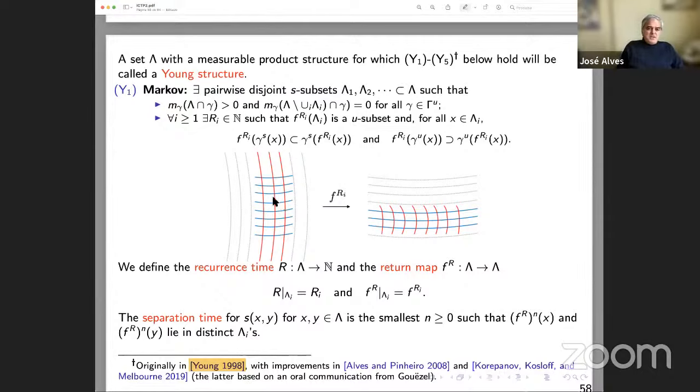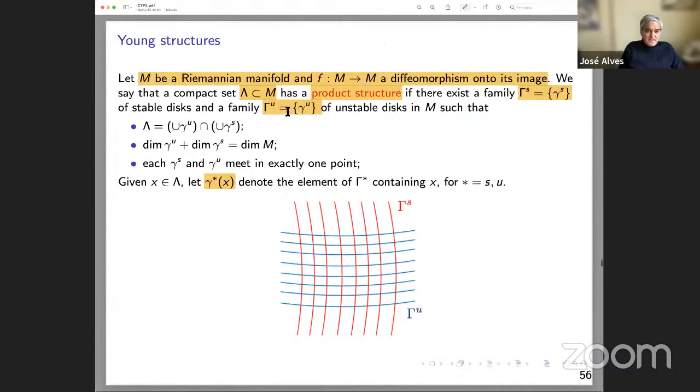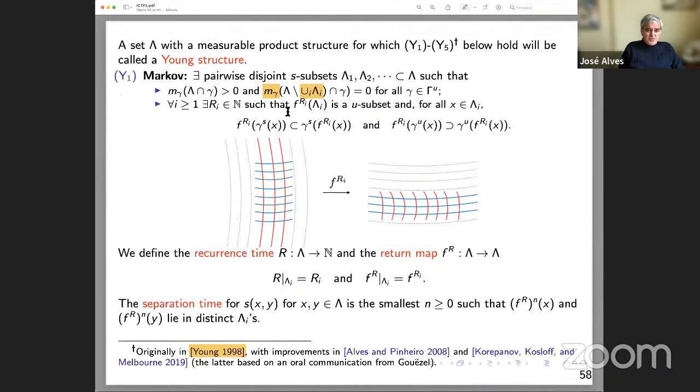Well, when you consider the union of all these S subsets, they essentially give everything in the unstable disks. I say essentially because this is in terms of the Lebesgue measure, m gamma. I forgot to say that, but m gamma is the Lebesgue measure on the unstable disk gamma, okay?